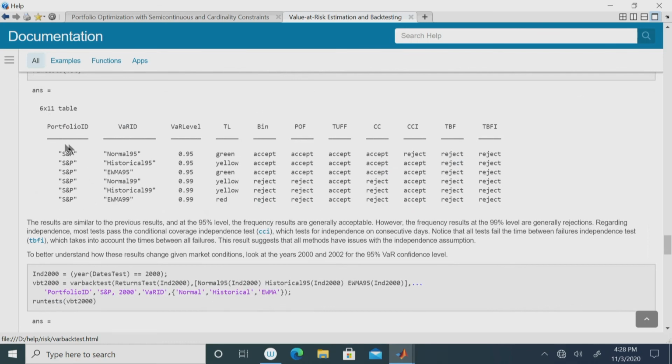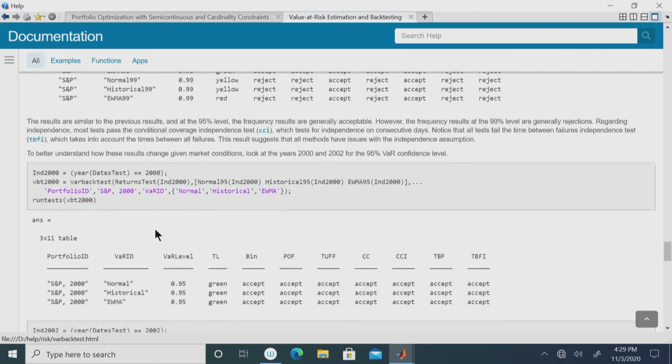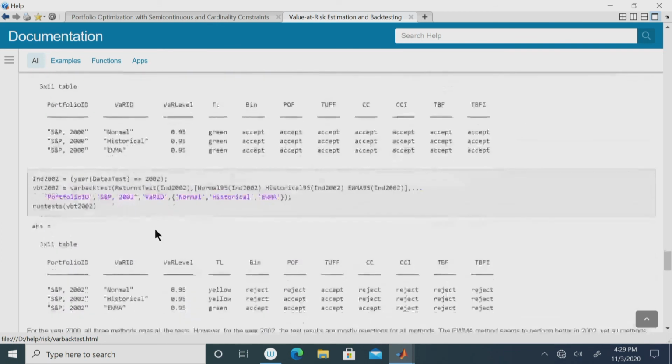This broader table, which compares all 3 at the 95% as well as the 99% level, will give you a much better idea of whether each of the 3 approaches was accepted or rejected at both confidence levels.